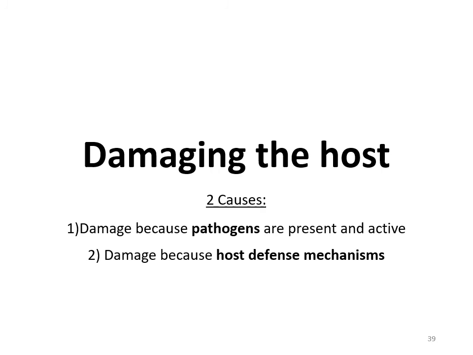The damage can either be because of the pathogen itself being present and active, or the damage to your body can actually be because of your own body, because your immune system is trying to fight those bacterial cells or viruses and accidentally, friendly fire, injures or damages your own cells and tissues. If you think about things like excess inflammation, your immune system's trying to help you, but it can also be quite problematic if you have too much inflammation.